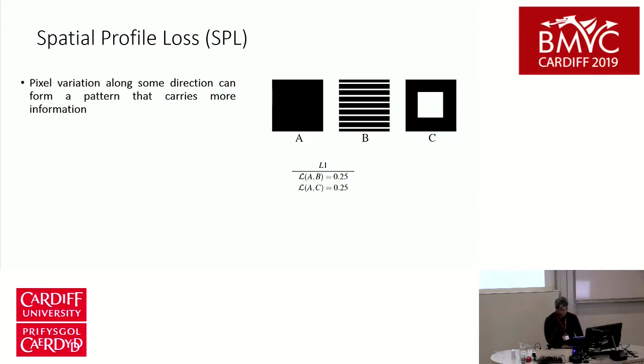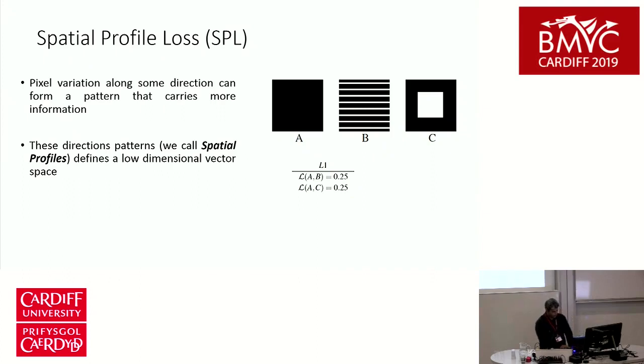Instead, if we view the pixel variations along a certain direction in the image, it may form a pattern. And matching on such patterns, which we call spatial profiles, is more informative. Let's see, in our example, if we compute the distance, for example, between corresponding column vectors among pattern A or B or C, we get different values.